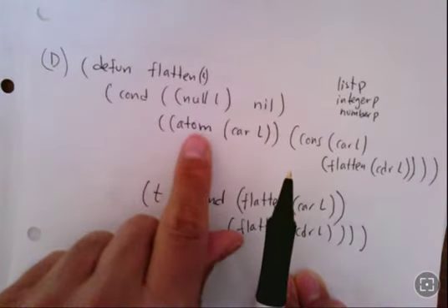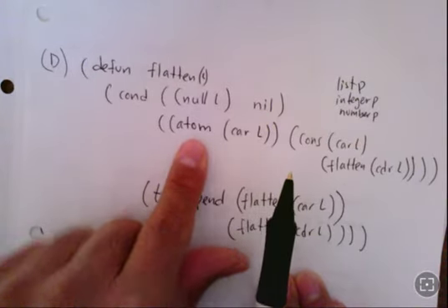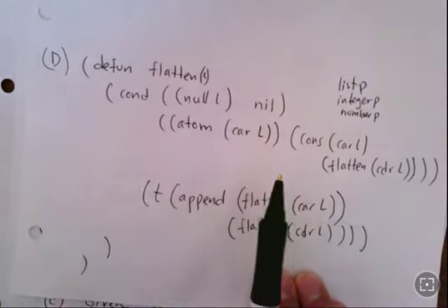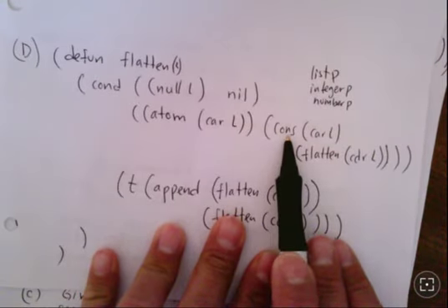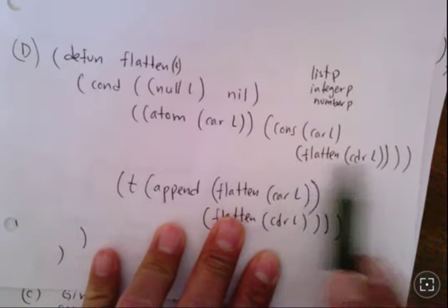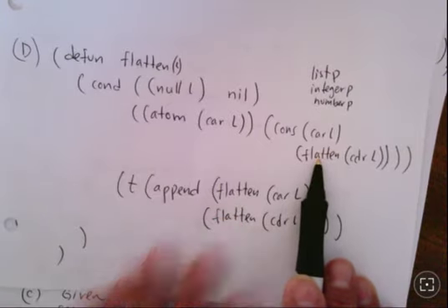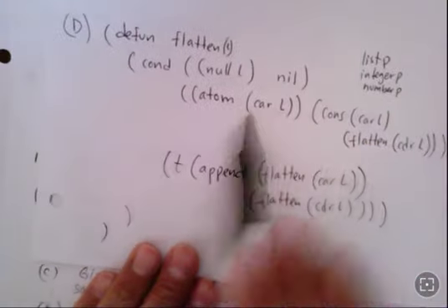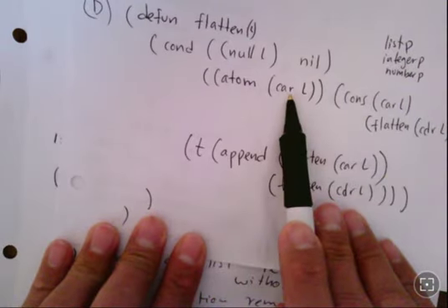In this case, it's checking if the first element is an atom, which means it's not a list, then we want to keep it. And because we want to keep it, it says, okay, insert that element, which is not a list, into the rest of the list without any other parentheses, which is what this is doing. Otherwise, that's what the T says here. We know that this element is a list.